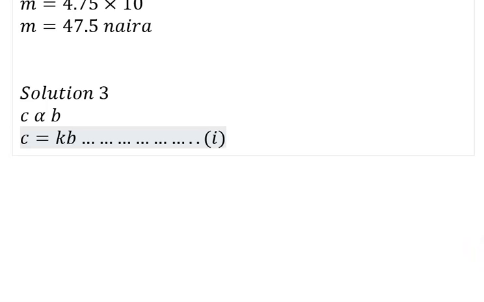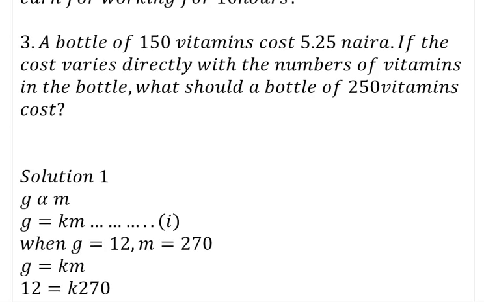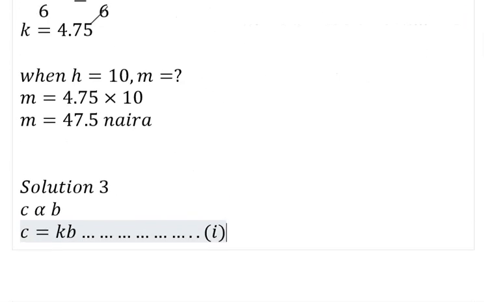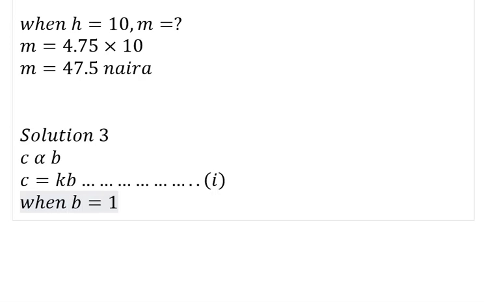So with this, let's get the information that we use to get our K. A bottle of 150 vitamins. So B is 150. When B is 150, C is 5.25. When B is 150, C is what? 5.25.